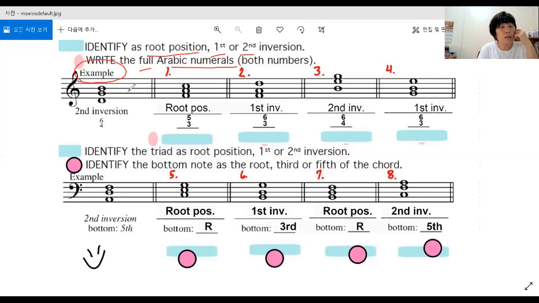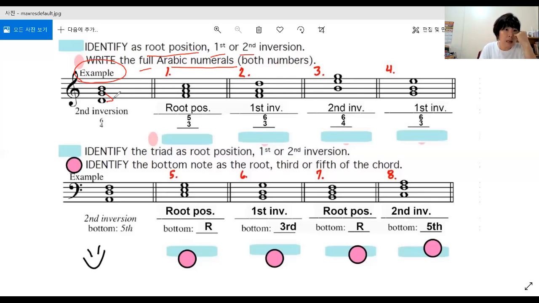All right, so let's look at the interval here. From the bottom to the second one, when you see the notes, it's not space to space, it's a space and line, right? So this is not the root position. Root position has to be line to line to line, or space to space to space. But here it's space to line.